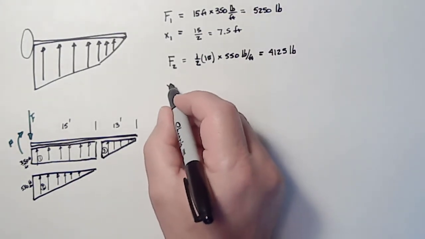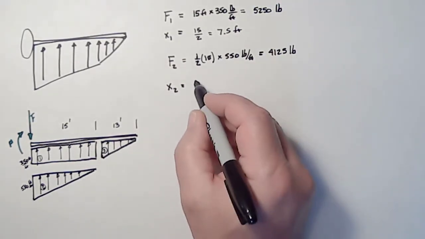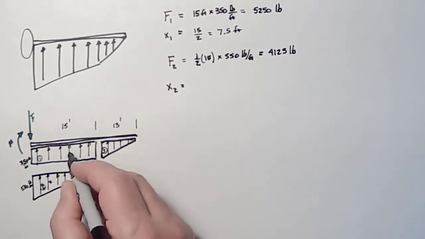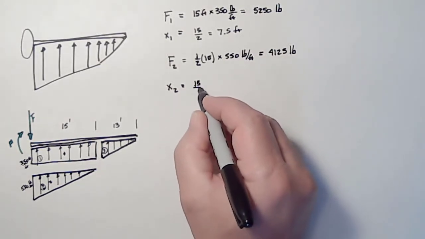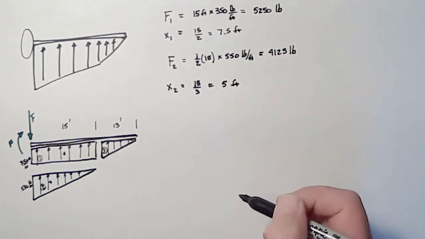And x2 is located at 1/3 the length of the triangle, right there. So it's 15 divided by 3, or 5 feet.